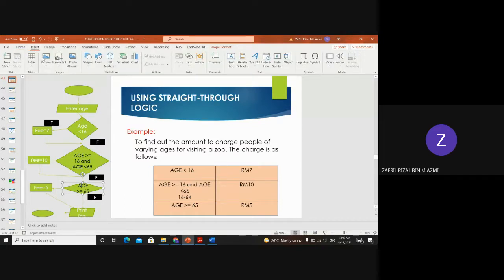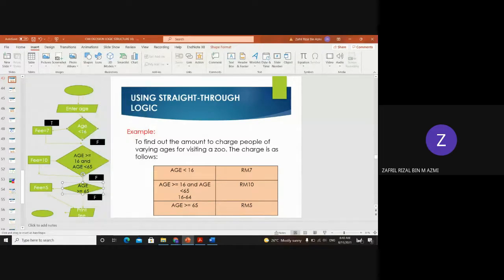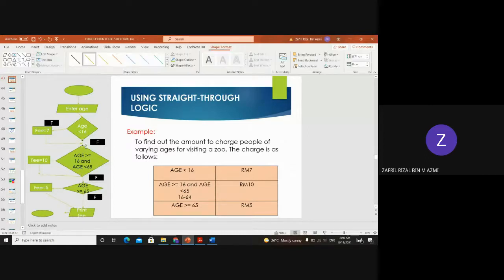For each of the decisions, if it is false, nothing will happen. It will re-enter the decision again.